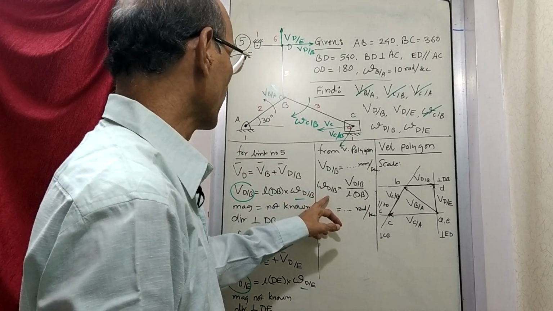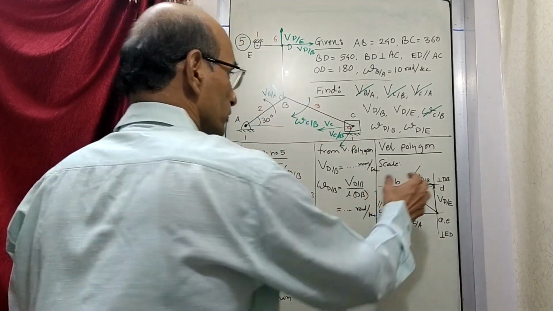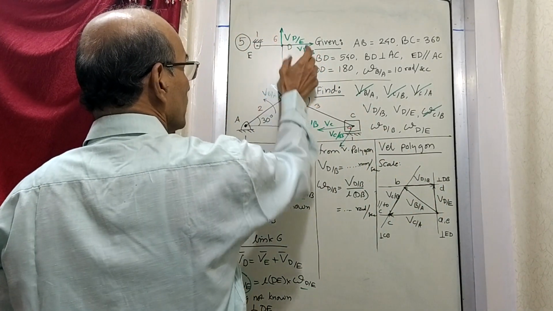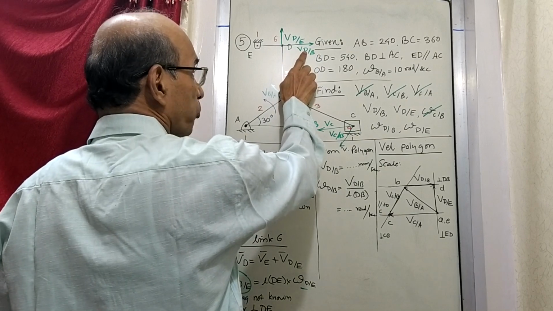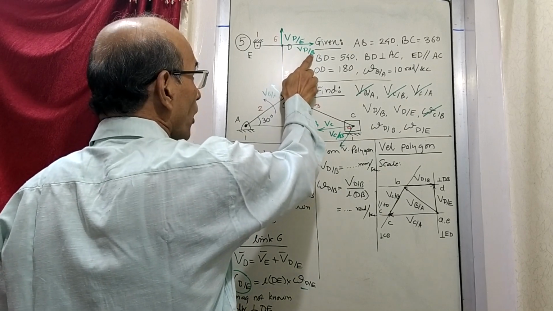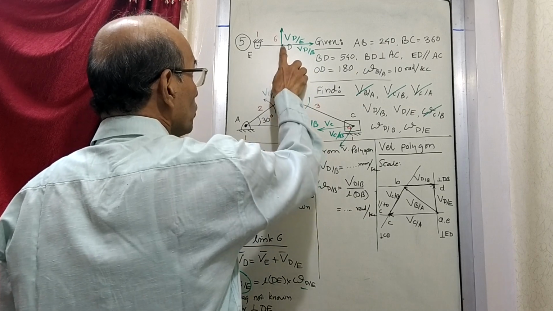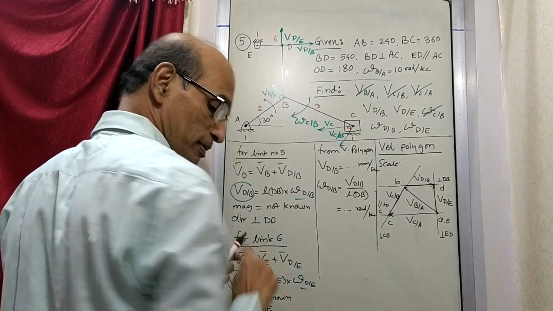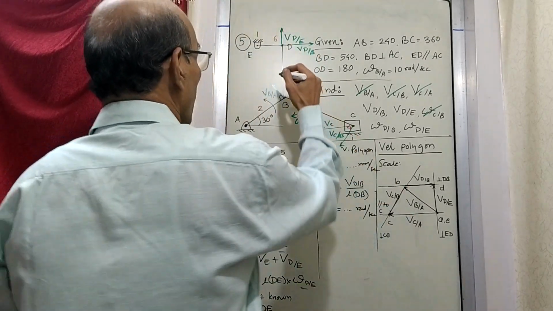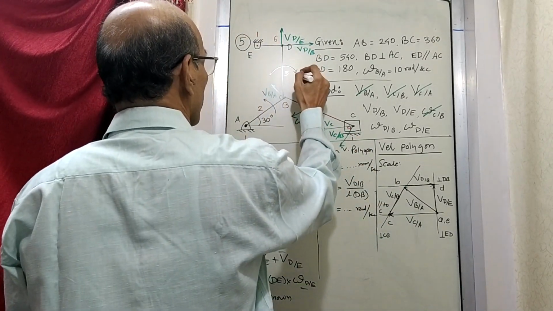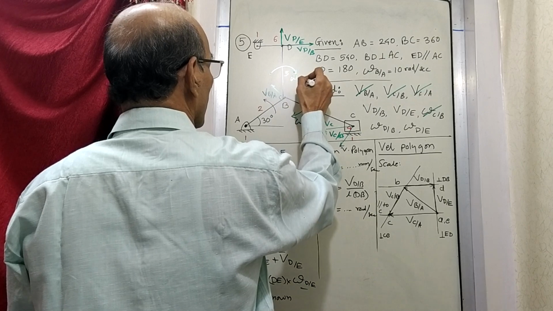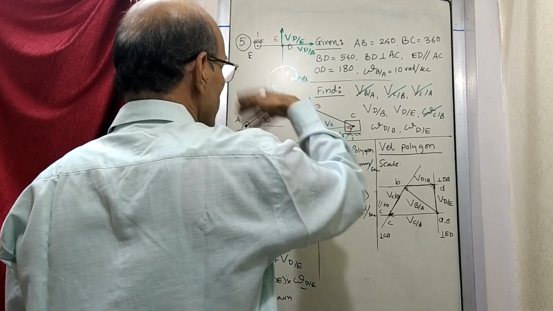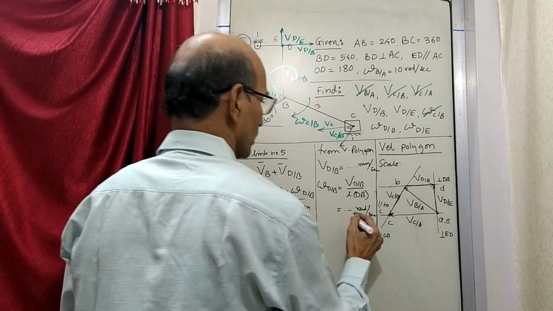Now direction of this angular velocity of D with respect to B. Now this vector we have put here, velocity of D, that means point D, if you are looking from B, you are looking to point D from point B, then point D is going to move like this, which means that the angular velocity of this link is going to be this way. D with respect to B, which is clockwise. So we write here clockwise.